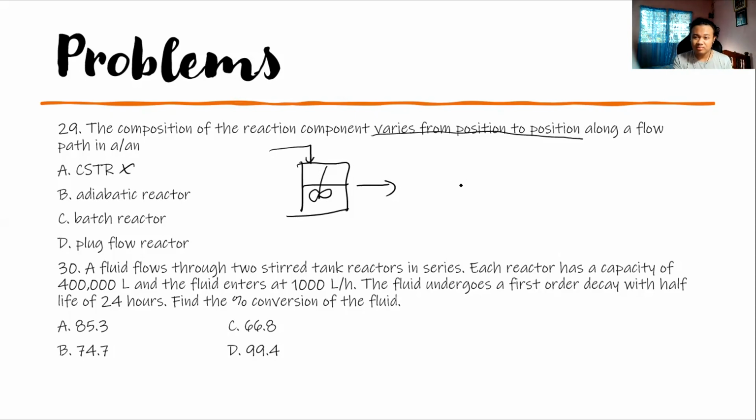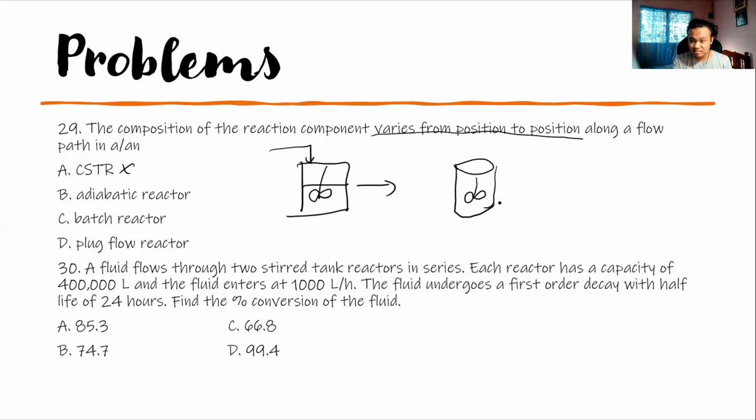Or what else? Batch reactor. A batch reactor means there's nothing coming in and nothing coming out. But the composition of the reaction components varies from position to position. Why?